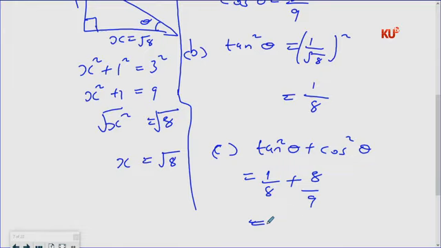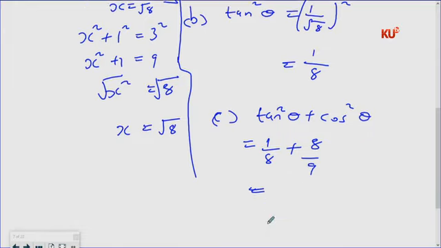Yes, Lana, what are you getting? 1 over 8 plus 8 over 9. I'm waiting for my good student here to get me the answer. So I'll get 73 over 72. And that is my answer for this particular question. So that is the end of that particular example.